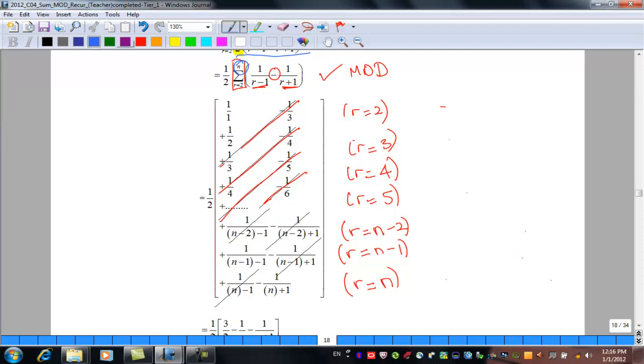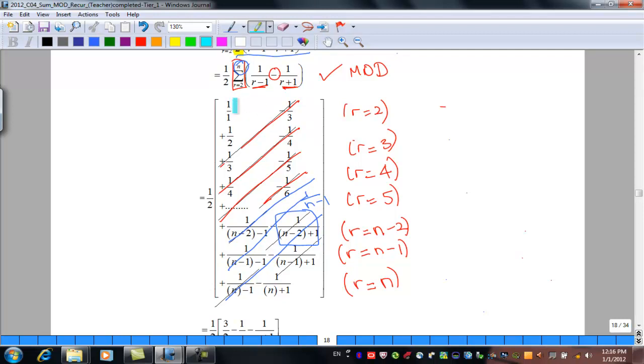Observe that this term over here is going to give me 1 over n minus 1. So this is going to cancel off with the term 2 rows below it. Okay? The cancellation is going to look like this. Similarly, this would have cancelled with the row just above this, and this would have cancelled with the previous row. So what terms am I going to have left here?